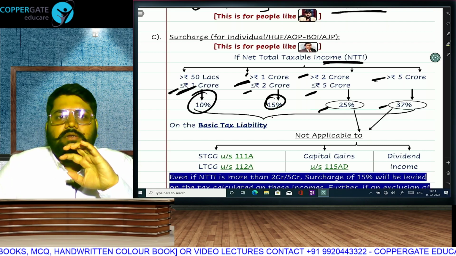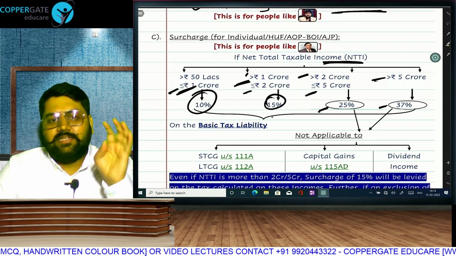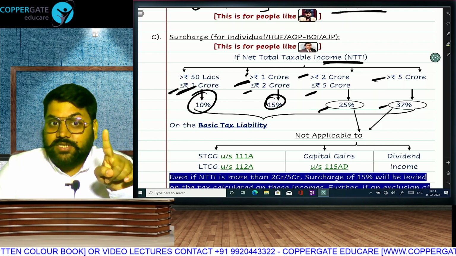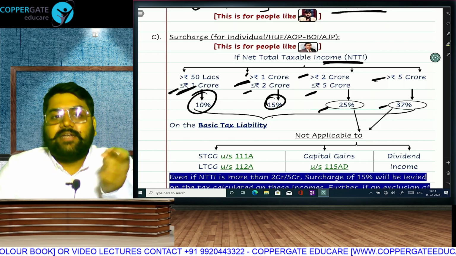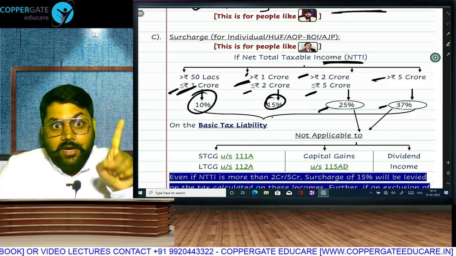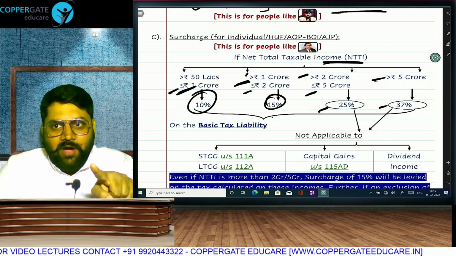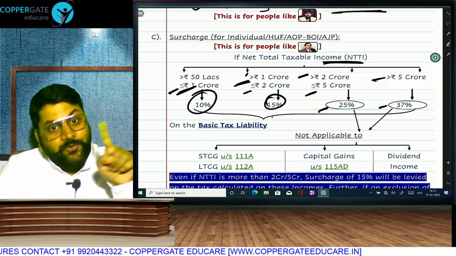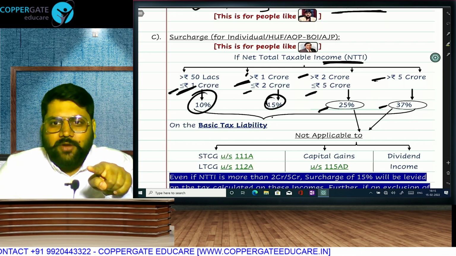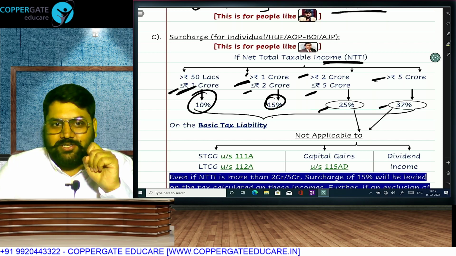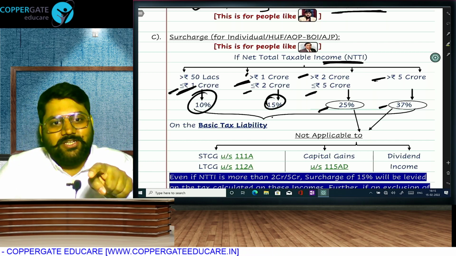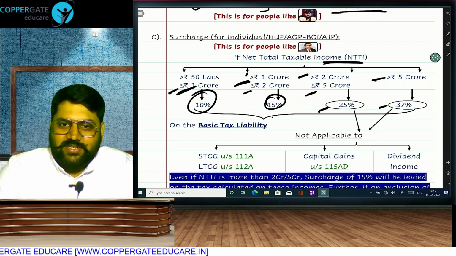Income 40 lakhs, no surcharge. 50 lakhs, no surcharge. 80 lakhs, 10% surcharge. 1 crore, 10% surcharge. 1.5 crore, 15% surcharge. 2 crore, 15% surcharge. 2.5 crore, 25% surcharge. 5 crore, 25% surcharge. 5.5 crore, 37% surcharge.